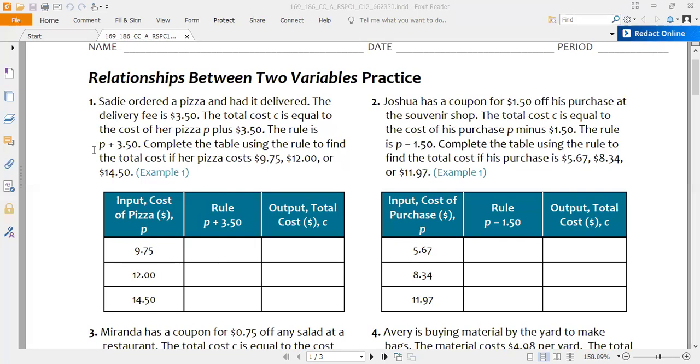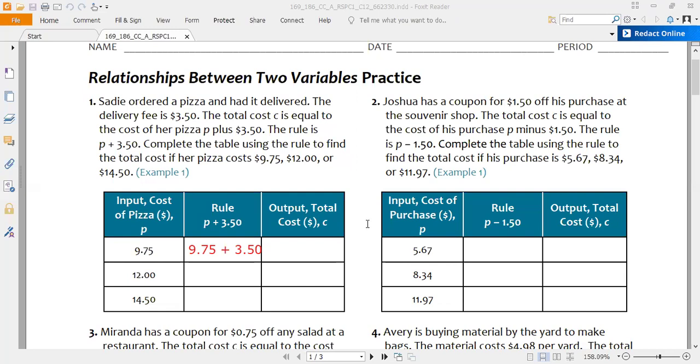So let us add this value here. For example, if we order a pizza that costs 9.75, then we need to pay this fee, that is 3.50.